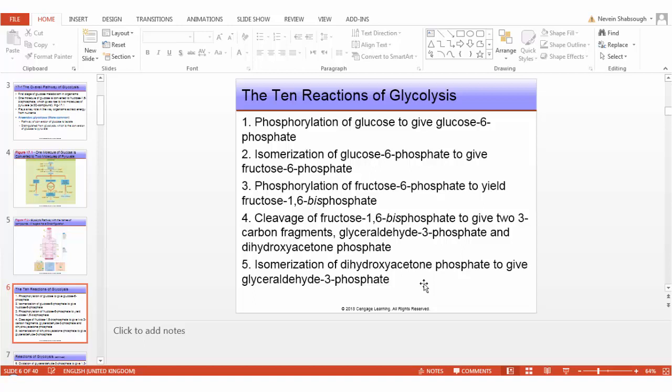Now the second reaction is the isomerization of glucose 6-phosphate to fructose 6-phosphate. Glucose and fructose are both hexoses, but glucose is an aldohexose and fructose is a ketohexose, so you need an isomerase enzyme, as we will see. Step 3, phosphorylation of fructose 6-phosphate to give fructose 1,6-bisphosphate.